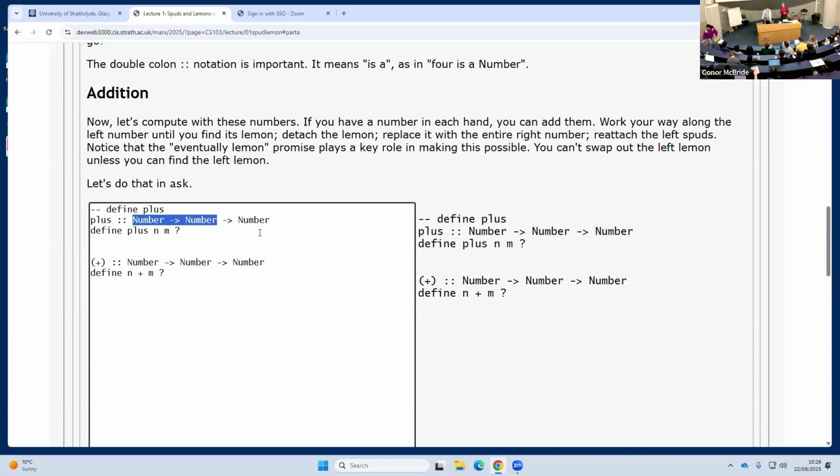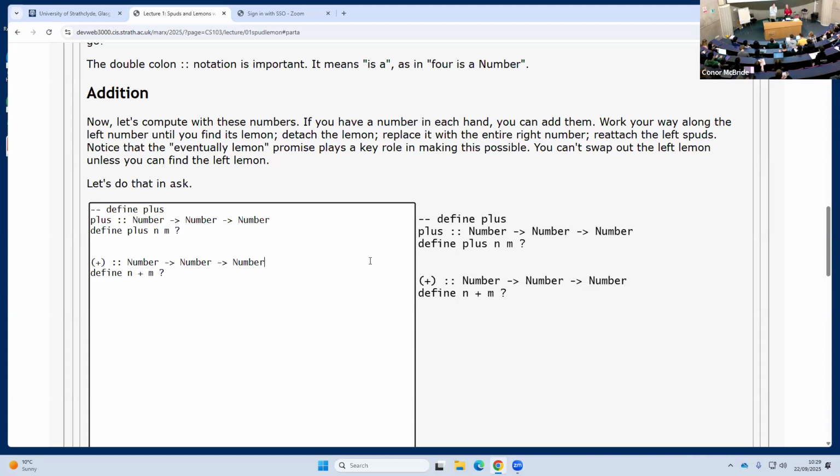Actually, what happens is it takes the first number and gives you back a function that waits for the second number. And when it gets the second number, it gives you the answer.